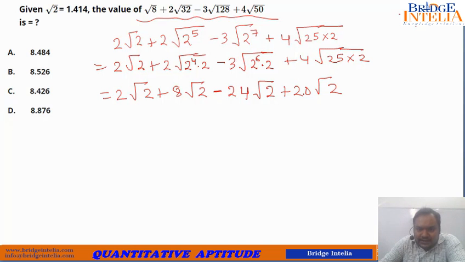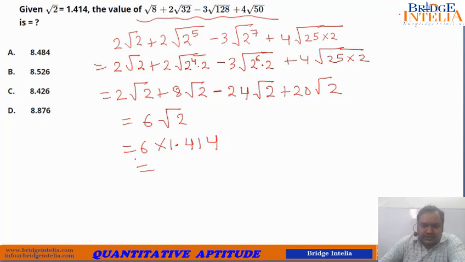So ultimately 28 plus 2 is 30, 30 minus 24. So this is actually equal to 6 root 2. So the answer is 6 into 1.414, which is equal to 8.484. So this will be the correct answer. Now let's move further.